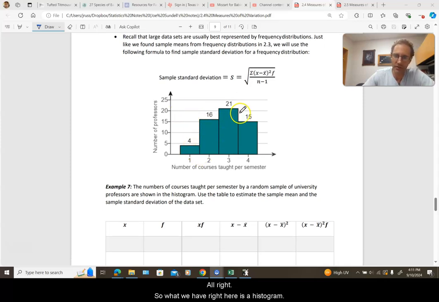So what we have right here is a histogram. So this says the number of courses taught per semester by a random sample of university professors are shown in this histogram. Okay, so this is a sample.